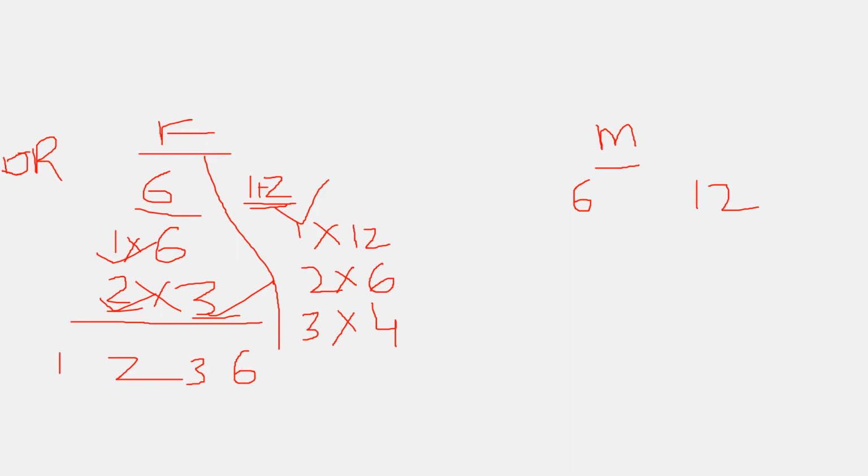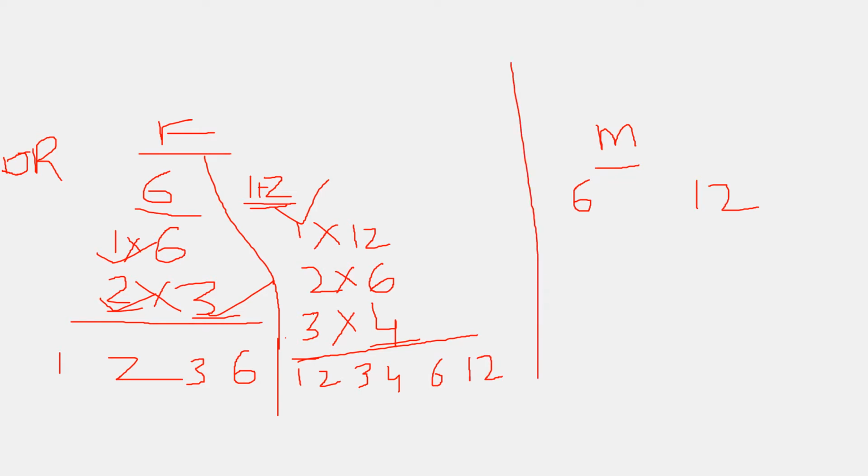Next after 3 you have 4, but 4 is already there, so your process stops here. Children, please follow this method so that you can easily find the factors of a given number. Now I can write the factors as 1, 2, 3, 4, 6 and 12. I finished with the factors.